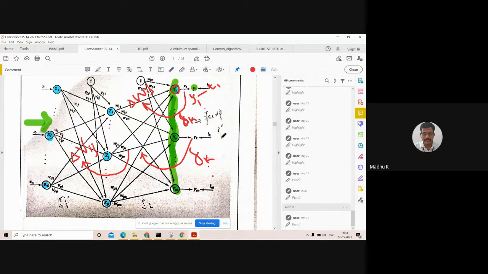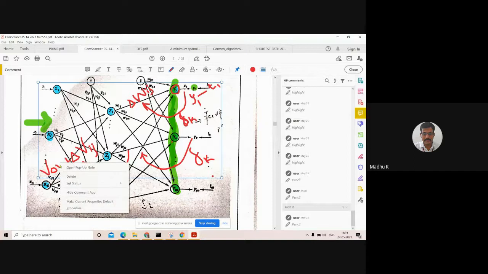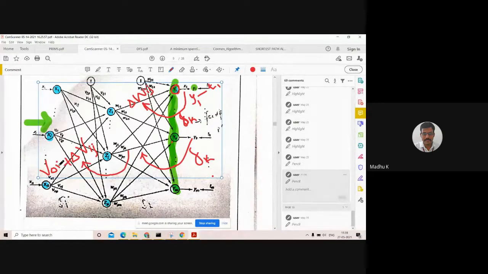Then the last step, the third phase, is where we calculate the final weight. The new weight of VH is equal to V old plus delta VH.